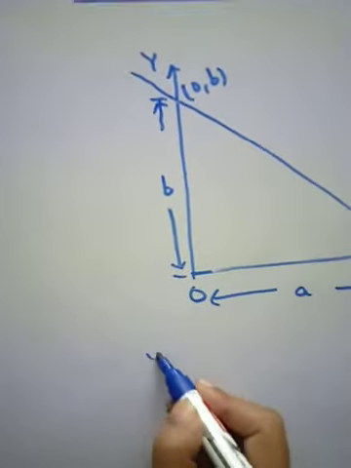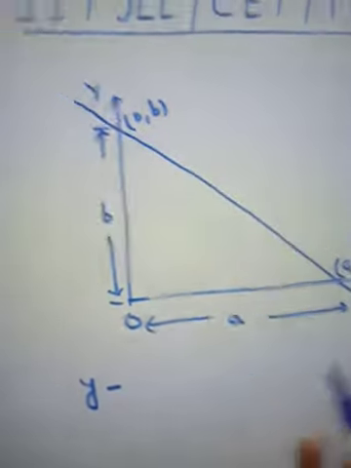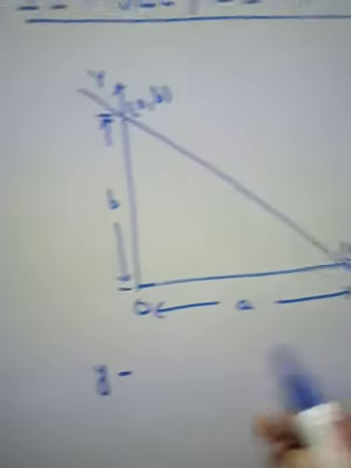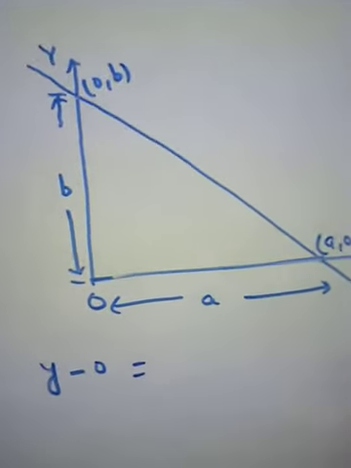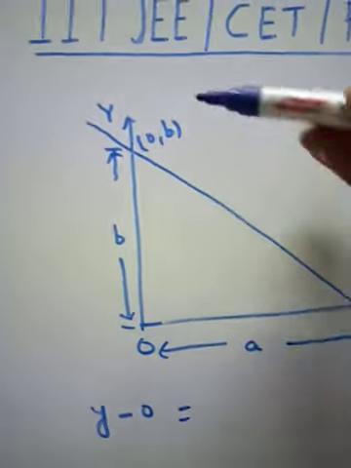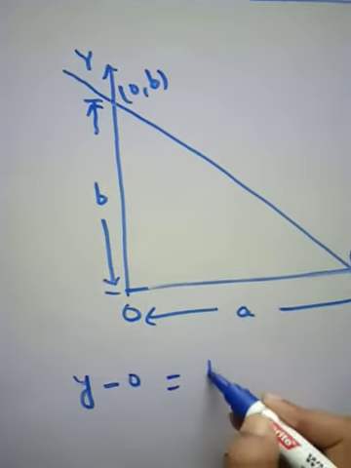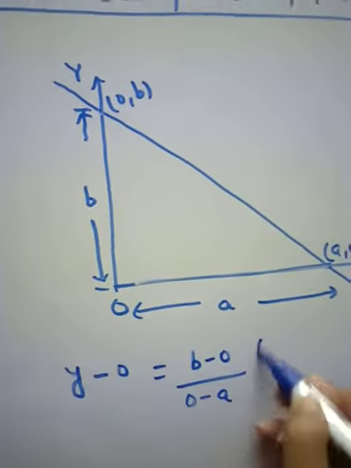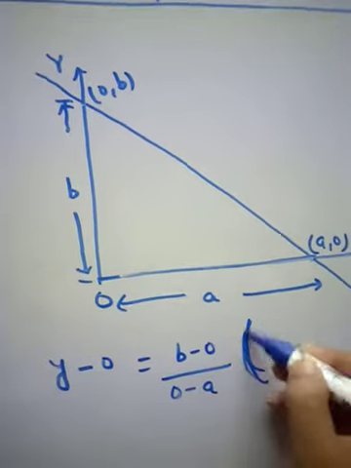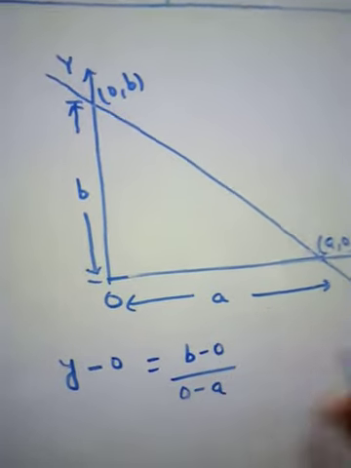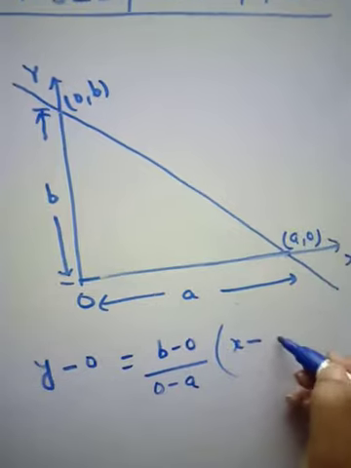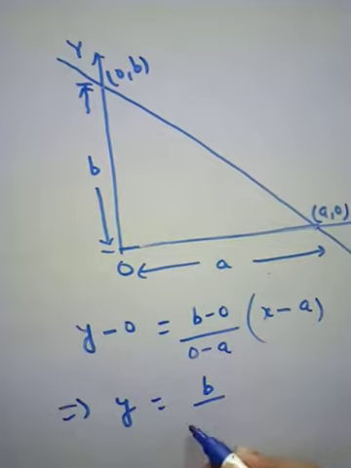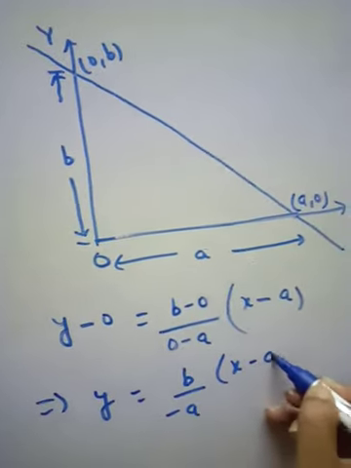So here, y minus y1: with (x1, y1) and (x2, y2), here y1 is 0, so y minus 0 is the y-coordinate difference. So y2 minus y1, b minus 0, divided by x2 minus x1, which is 0 minus a, equals m, into x minus x1, and x1 is a. So now we get y equals b by minus a, times (x minus a).